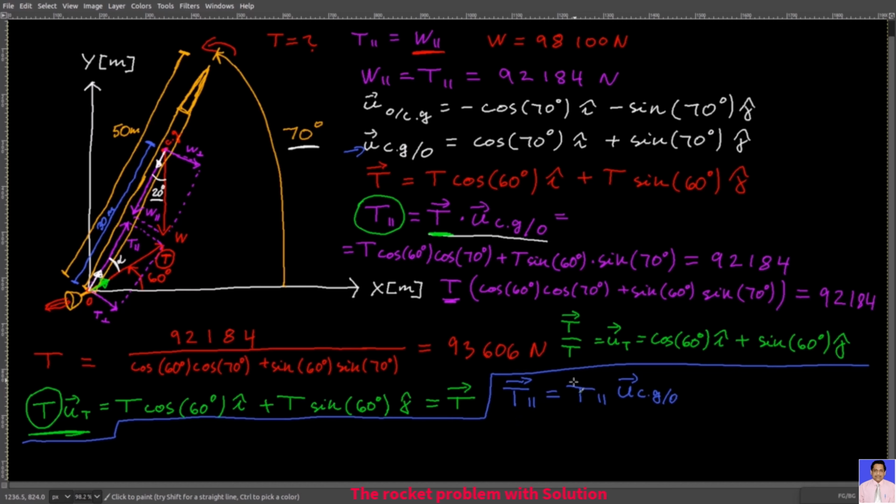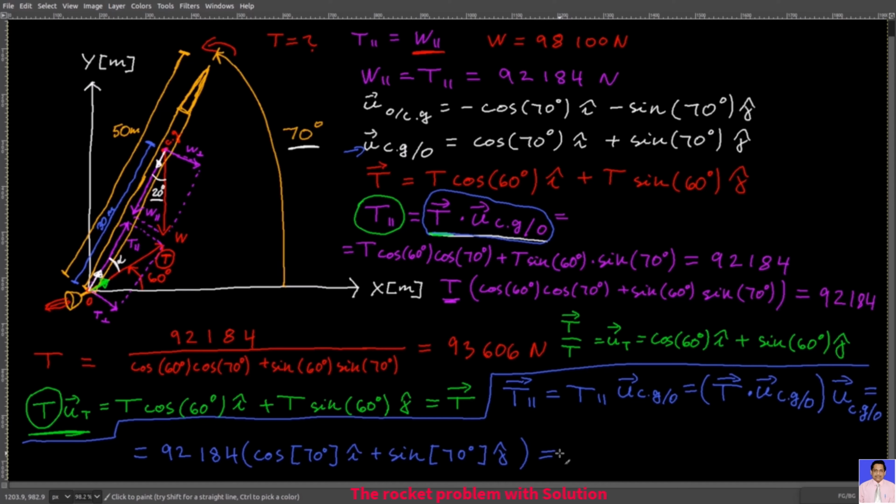Or I can replace this T parallel with this expression here, and I can write T vector dot UCG with respect to O. So here I'm dotting two vectors, I get a scalar, and then I multiply that scalar by the same unit vector. And if I do that, then in the end what I will get is this answer here. Now this T parallel that I have here is decomposed into its x and y components.